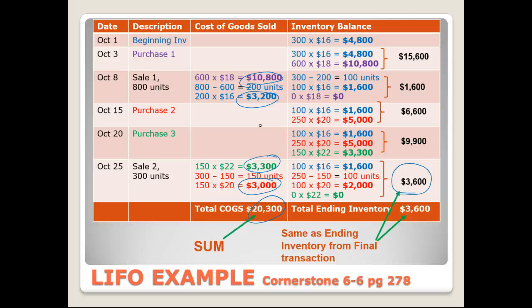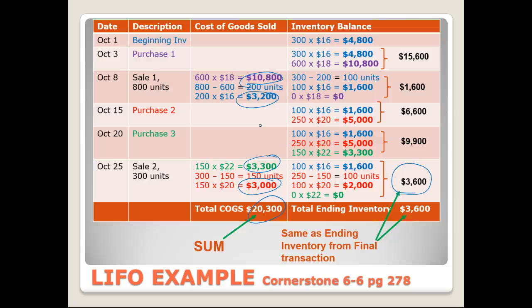Well, it turns out in our FIFO example, the total COGS was actually $19,300, which means that the FIFO transaction gives us a lower amount of COGS. Now, if you think about this, if I have a lower expense amount, that means, if it was the same sales amount, which it would be, lower expenses means higher income, higher profit at the bottom of my income statement.